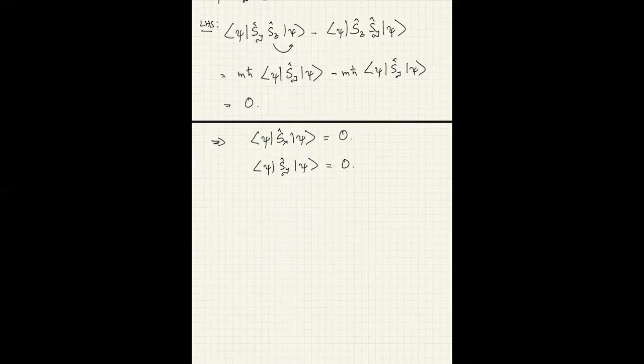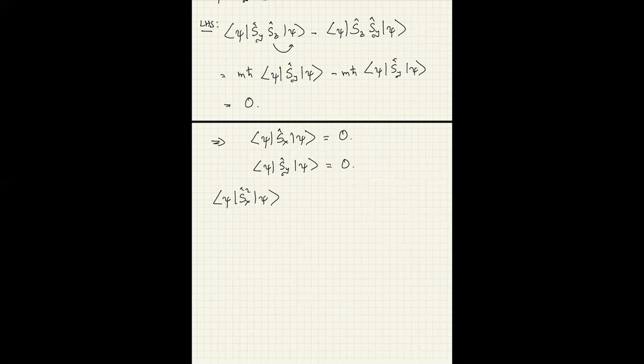By symmetry arguments, we can conclude something about the expectation value of Sx square. Just like the state psi treats Sx and Sy similarly, it should also treat Sx square and Sy square similarly.